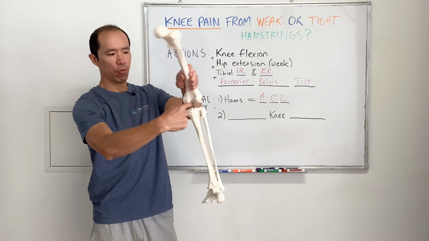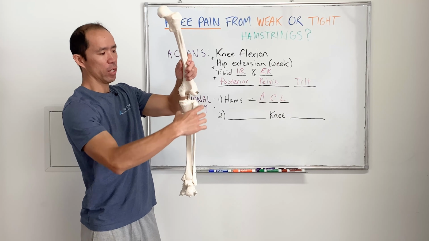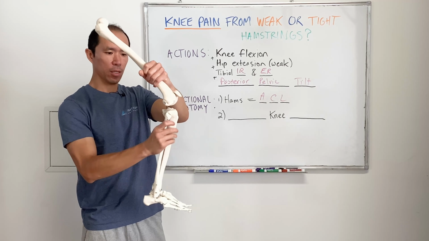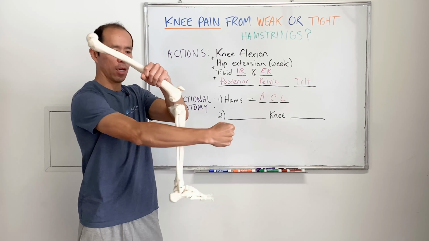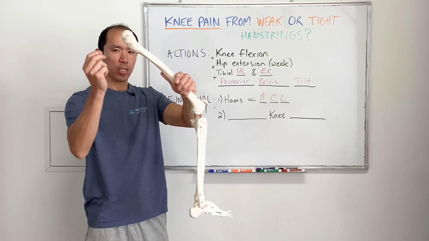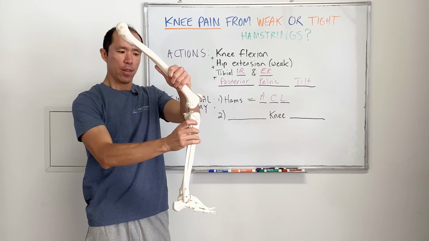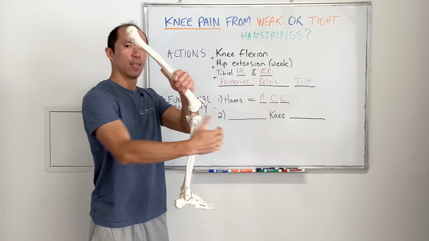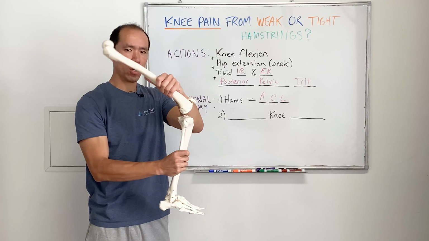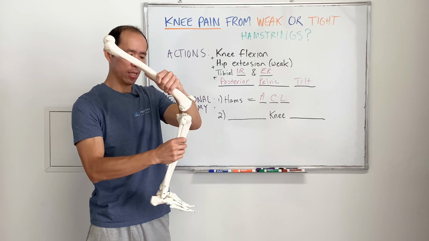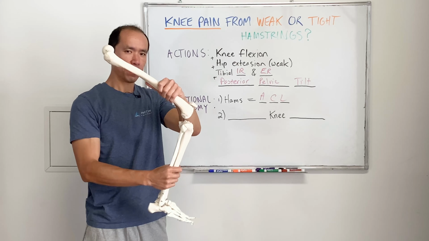The ACL runs inside the knee, and what it does is it prevents the tibia, the lower leg, from sliding forward on the femur. The hamstrings, because of where they run from here up to the pelvis over here, they also prevent the tibia, the lower leg, from sliding forward on the femur. It's anterior translation of the tibia on the femur.